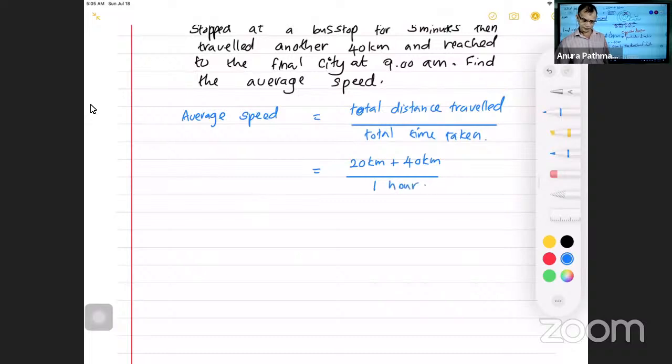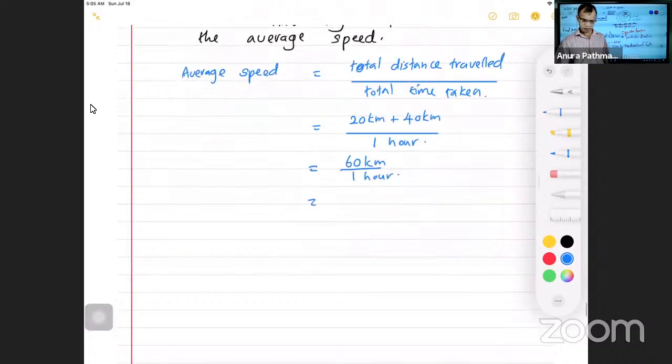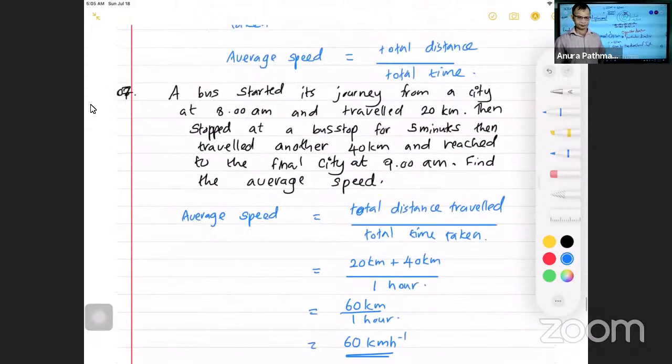The answer is 60 kilometers per hour. And that's the average speed.